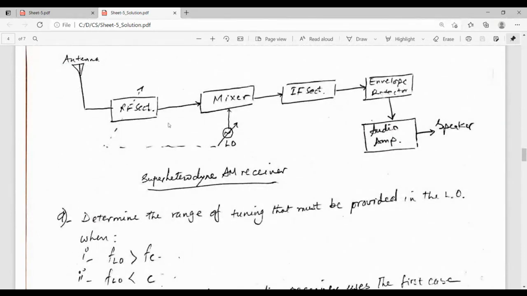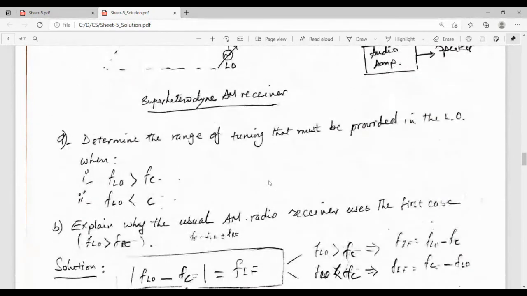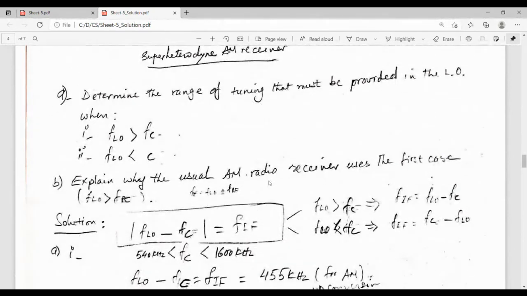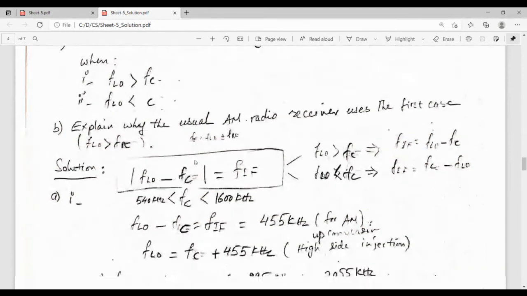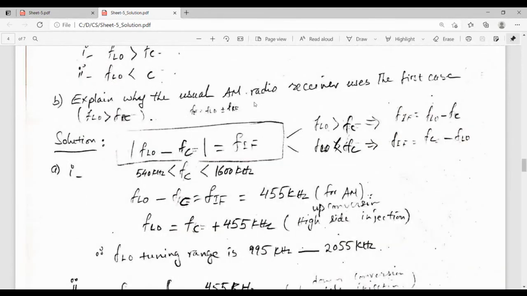So this is the block diagram of the superheterodyne receiver. And the question is, determine the range of tuning that must be provided in the local oscillator when FLO is greater than FC, and when FLO is less than FC. Explain why the usual FM radio receiver uses the first case.